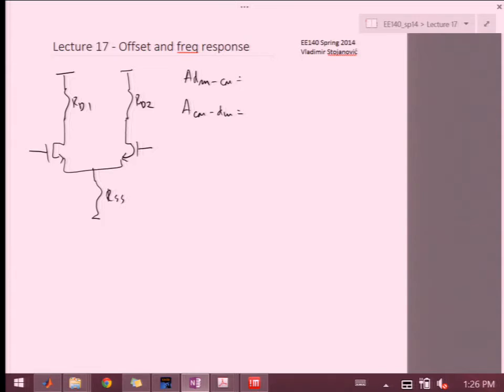But here, where the two transistors can have slightly different GMs because different currents flow through them, or the two load resistors are slightly different, all of a sudden I start getting, let's say, common mode output coming from the differential input. And I would also get differential output coming from common mode input. These are very important because that's how the common mode supply noise would manifest itself in your differential signal if you had some mismatch like this.